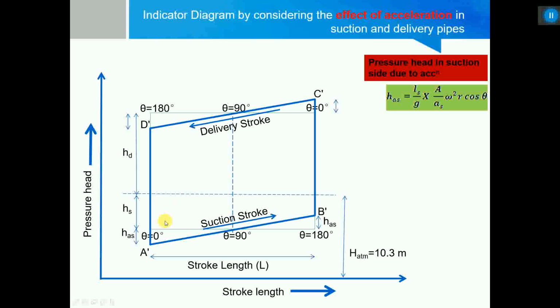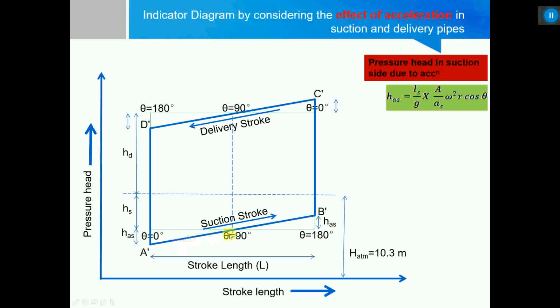Now see here, during the suction stroke, we have to create more suction head because we have to accelerate the liquid on the suction side, and because we have to accelerate, we have to generate more inertia force there. So we have to create more suction head, that is Hs plus HAs. This one is the negative pressure we have to create.